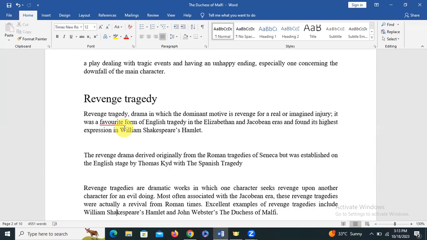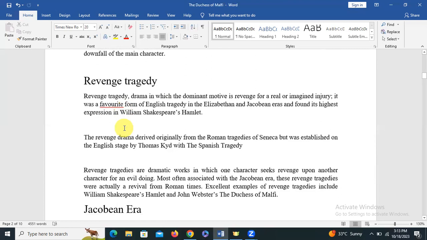So her brothers both decided to take revenge on their sister. That is why we are calling it a revenge tragedy. We'll see how it is a revenge tragedy, and there are other examples as well to justify this. In the character of Bosola, we also see that he wanted to take revenge on Ferdinand and the Cardinal.